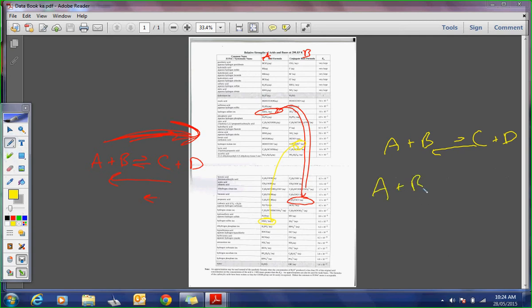Element A and element B are making compound C. Okay.